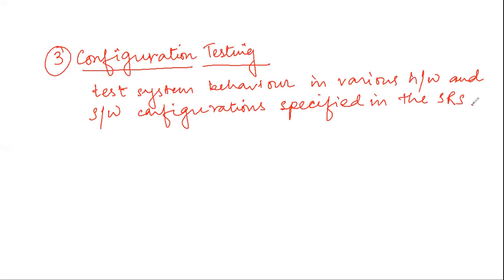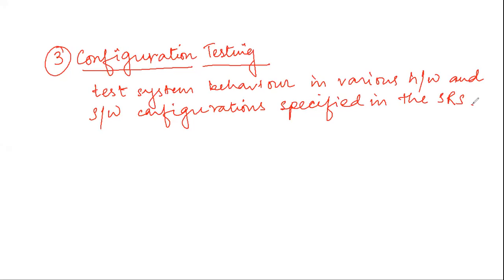So configuration testing does what? It tests whether the system behaves properly in the various hardware and software configurations which are already specified in our SRS document or requirement document. Suppose the client wanted the company to make an app which will run in Linux, in Android, and in some Windows operating system.